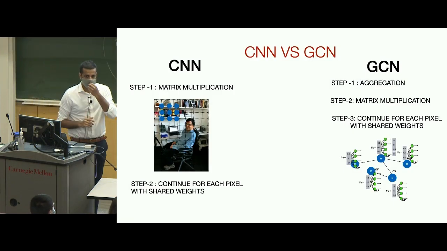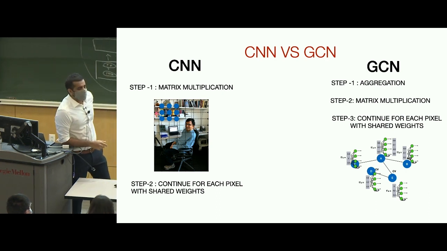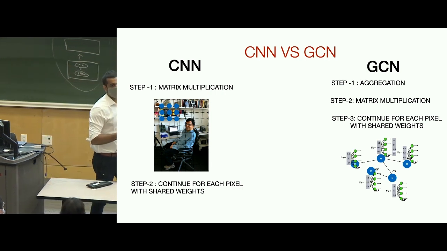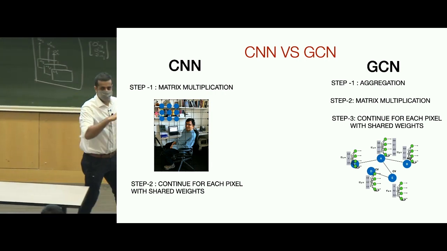Yeah. Do we want influence from non-exact neighbors, like maybe 2 steps away from a node? Yeah, and that's why we have multiple layers. Because in one layer, you would get only the neighbors.